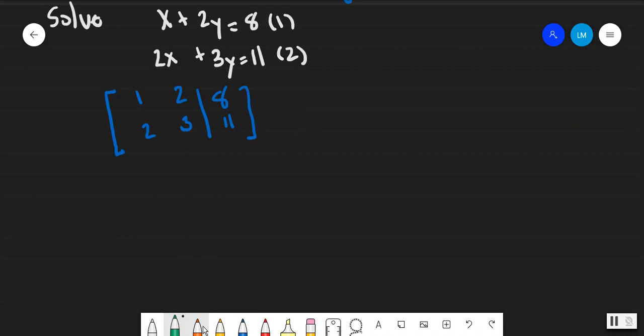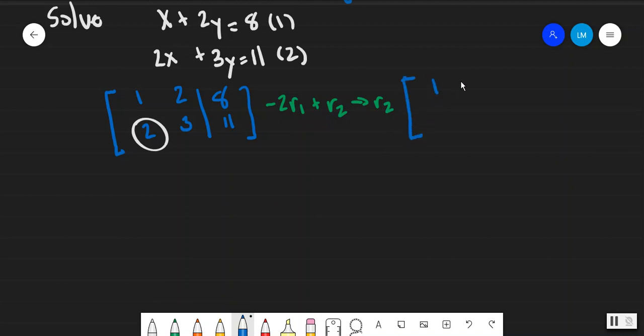Now we need to use these row operations. The key is that we want to get this right here to be a 0. So we think, well, what row operation can I use such that when I add to here, that gives me a 0? Well, negative 2 times row 1 plus row 2 gives us a new row 2. Now we can write that update over here.